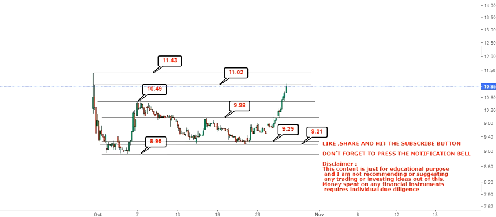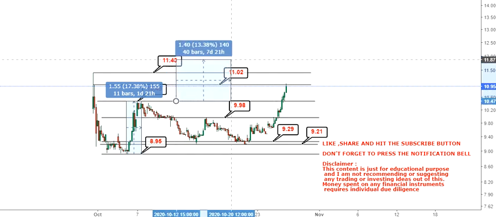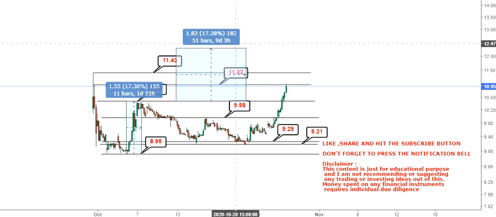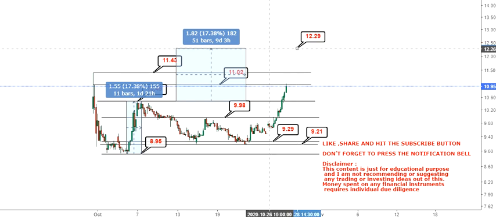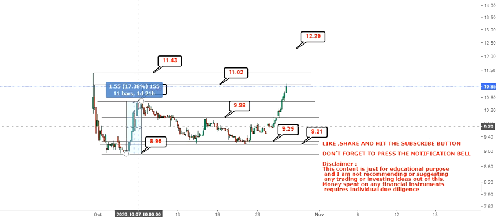Okay, now one more thing to understand here is, let's say the stock has moved 17% here, and already the stock has made a breakout. So the next 17% will lead the stock towards 12.29. So this will be your next target.